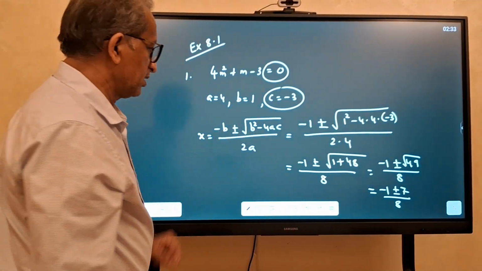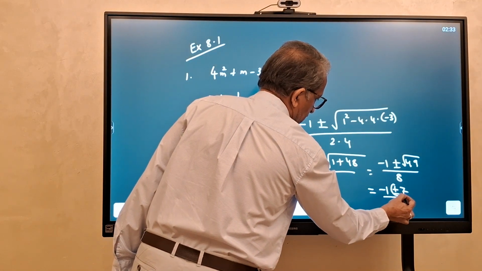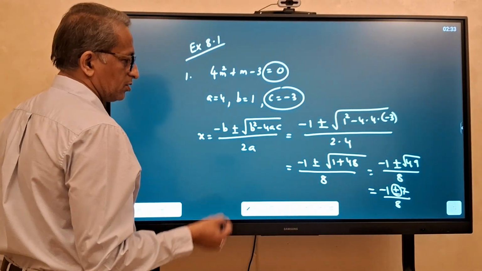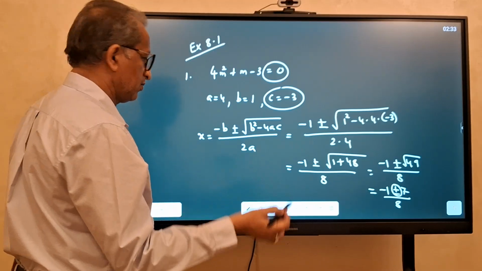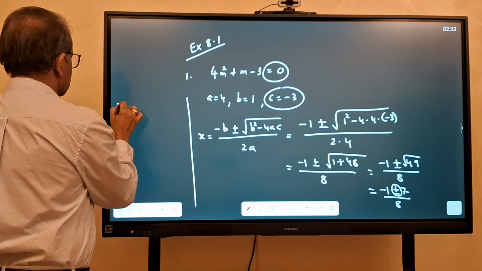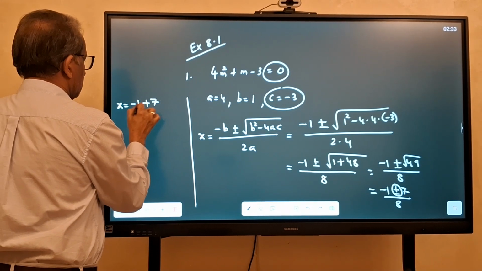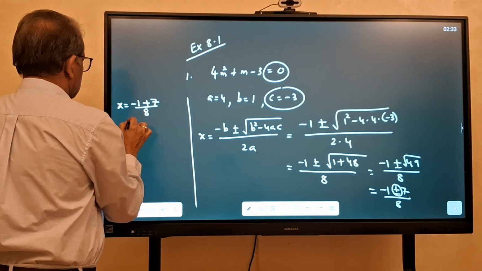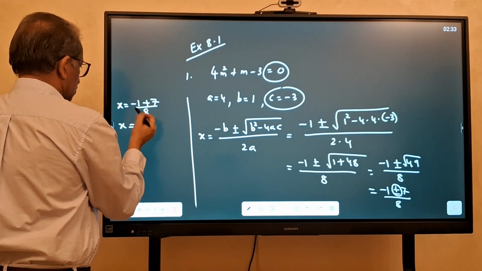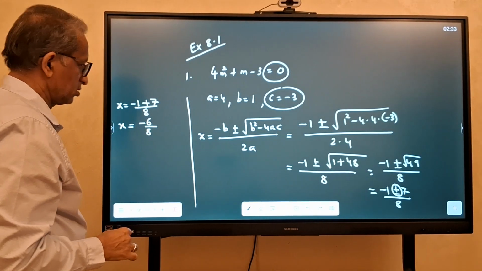Now how do I get these two solutions? You take plus, you get one. You take minus, you get the other. So the two solutions are x is equal to minus 1 plus 7 by 8, that is x is equal to 6 by 8, one solution.